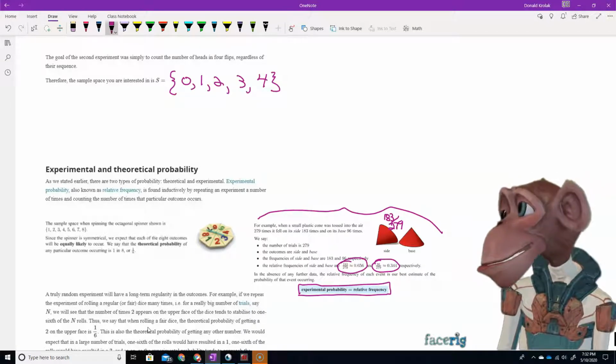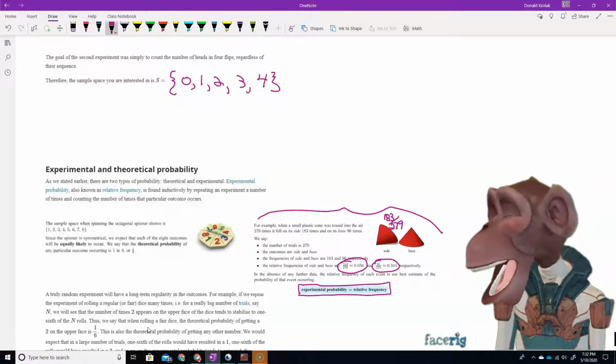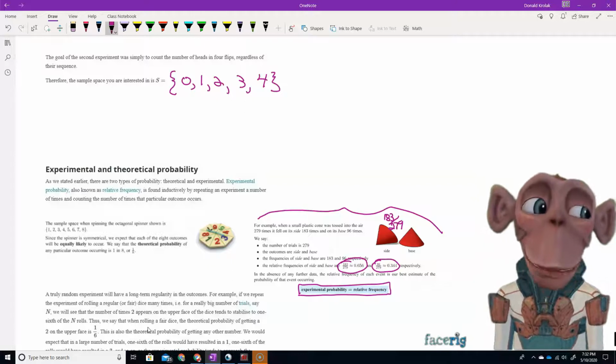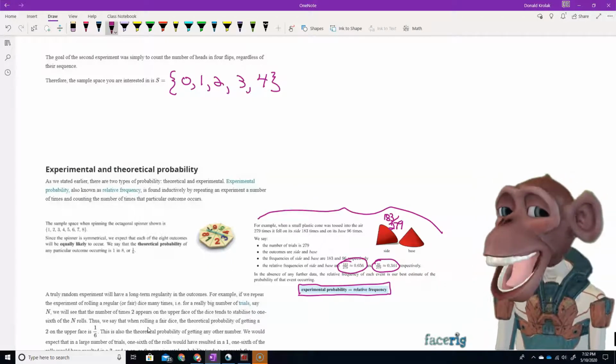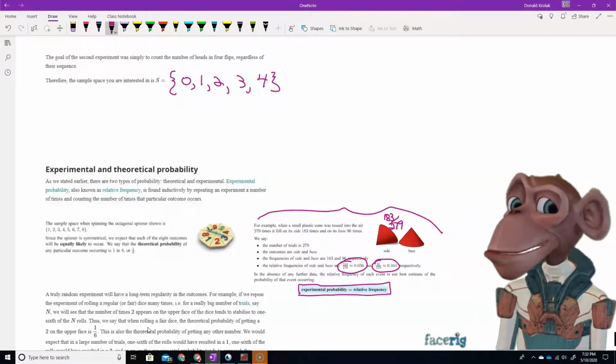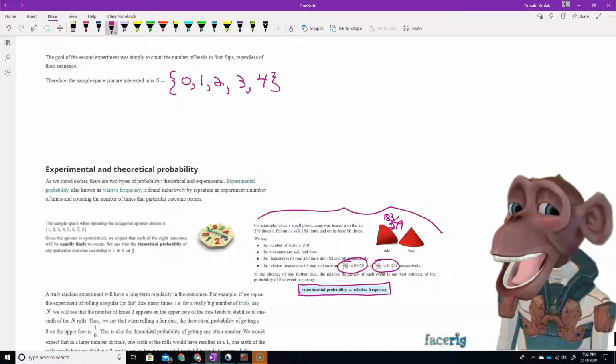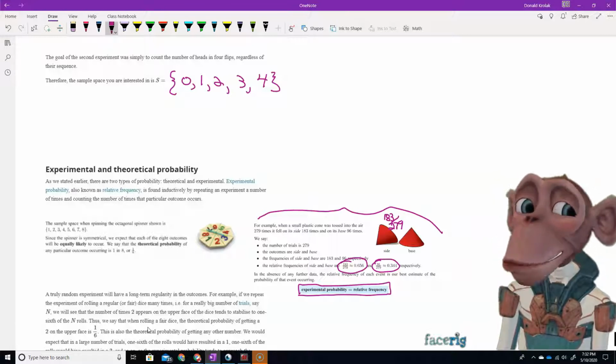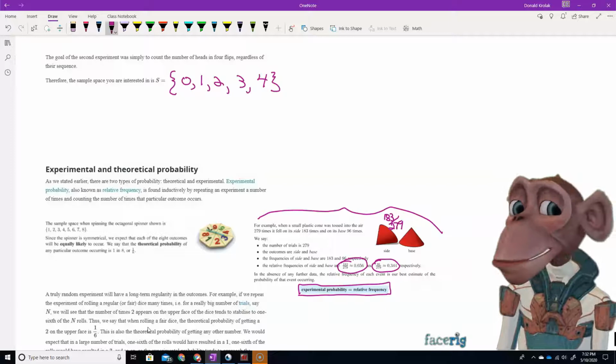That's experimental probability. Theoretical probability is if I know something is equally likely to occur, like a fair coin, or in this case, a spinner that's divided into 8 equal parts, I could calculate what the probability is theoretically.